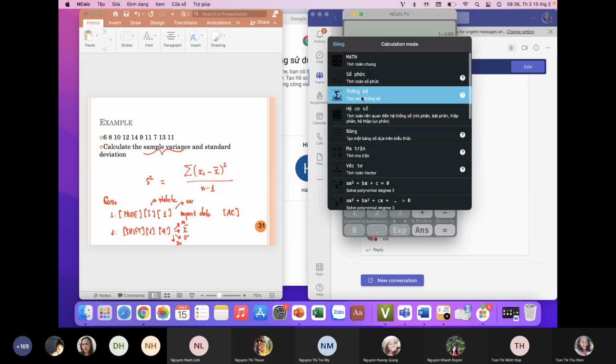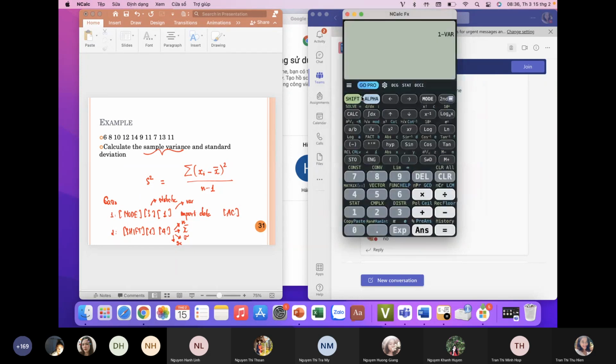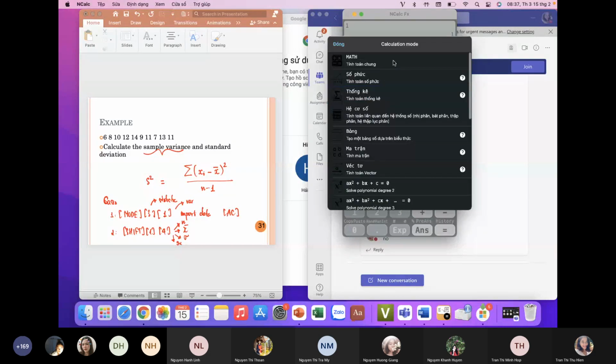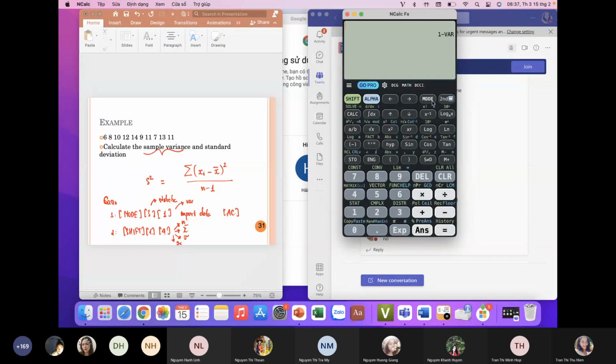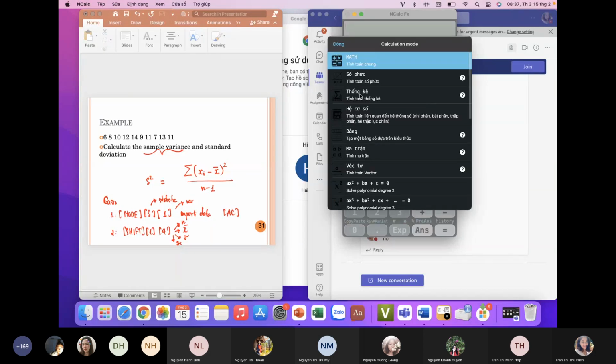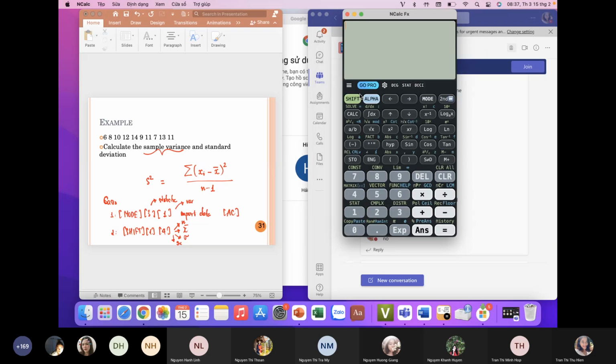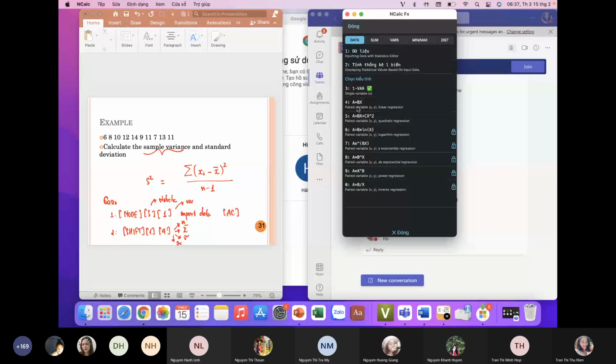Mode, statistics, option 3 for the statistics.